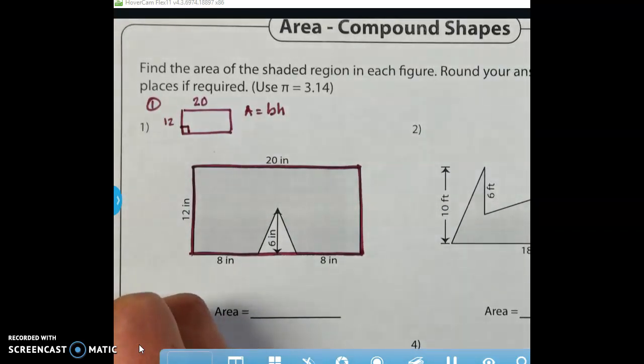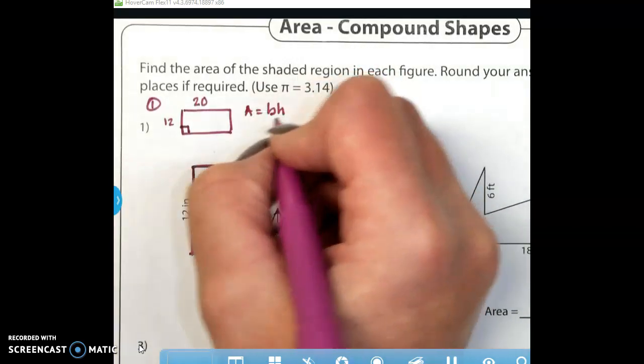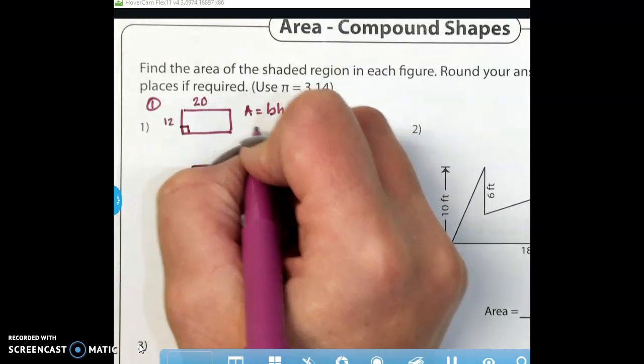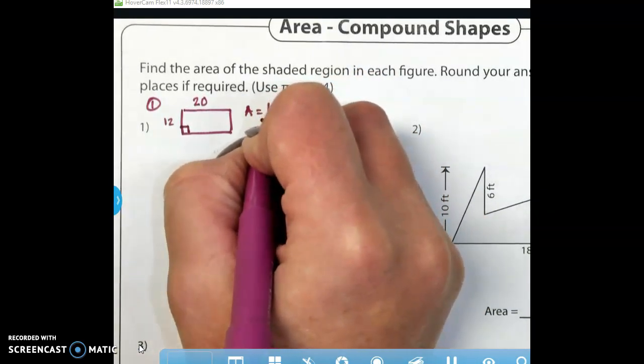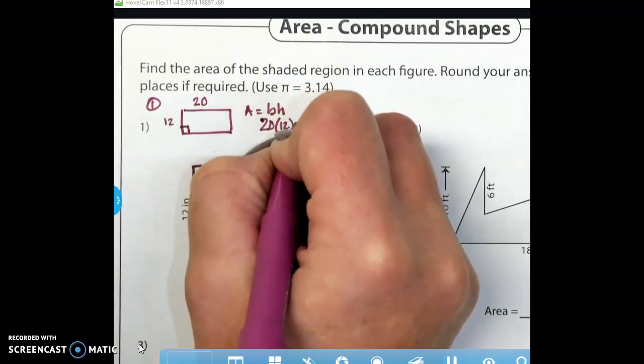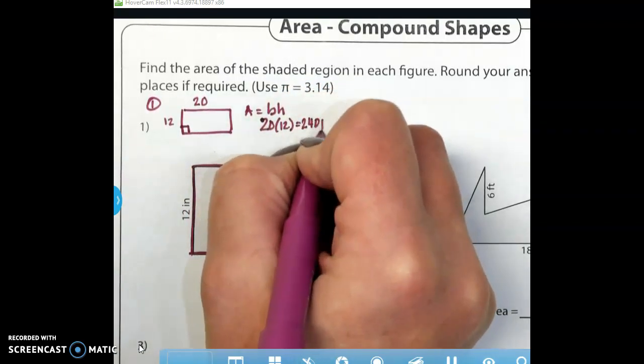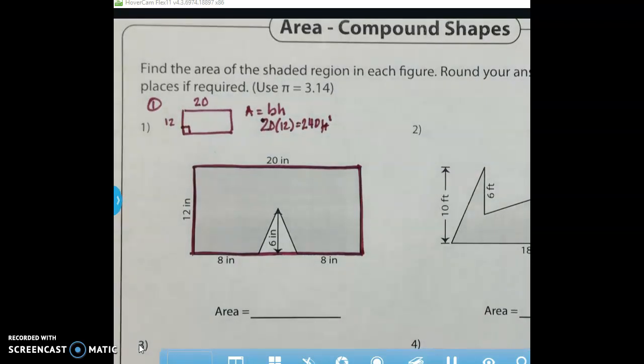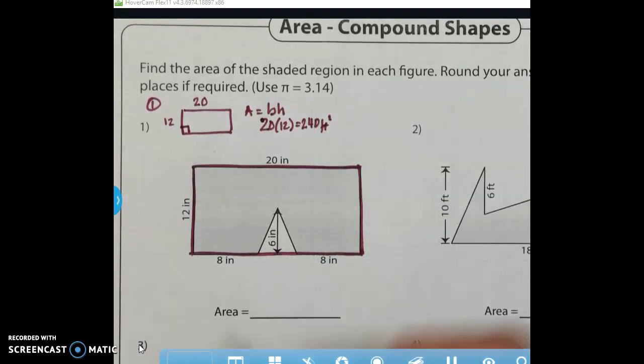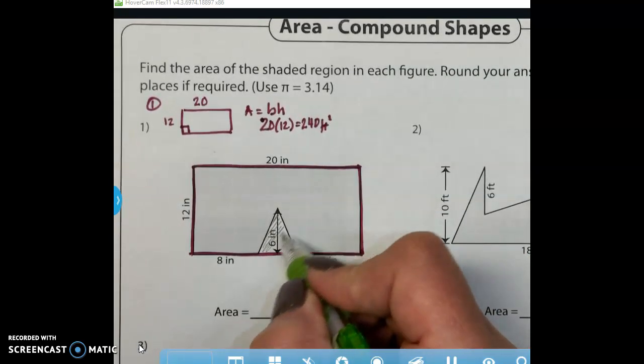A 90-degree angle always exists. Okay. And so when we multiply these two values, base is 20, height is 12, we're going to get 240 square feet. So after this rectangle has been identified, we notice that we are missing a triangular shape right here.